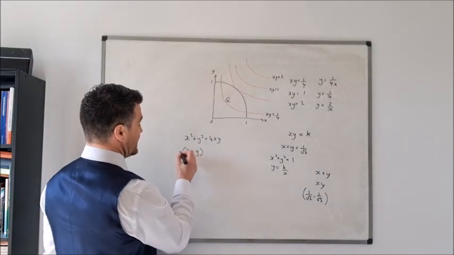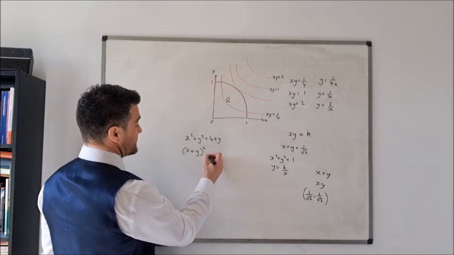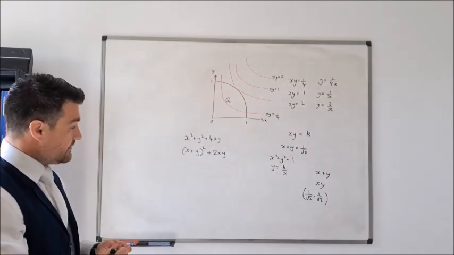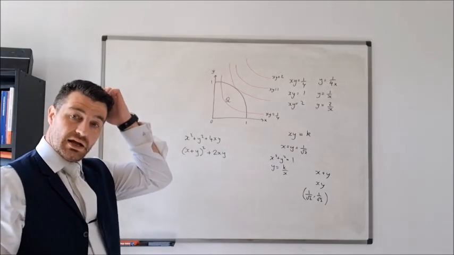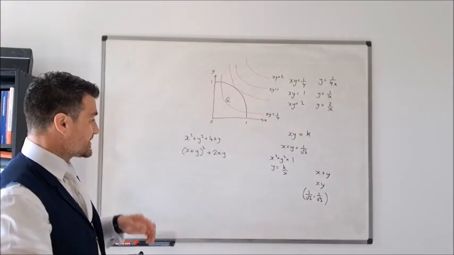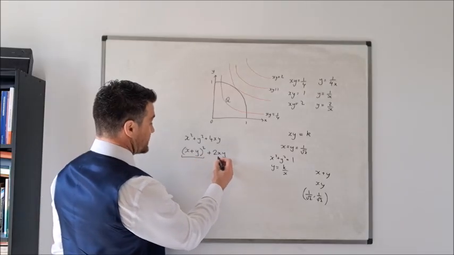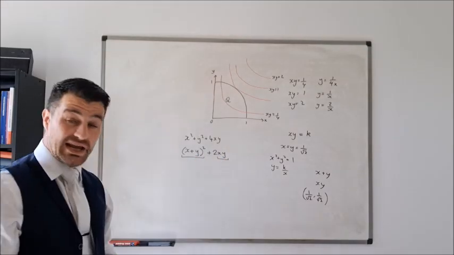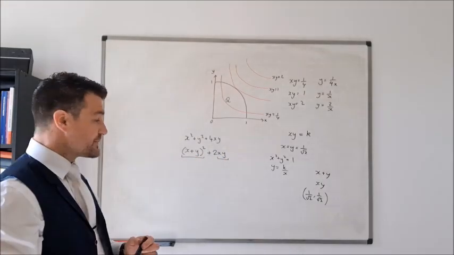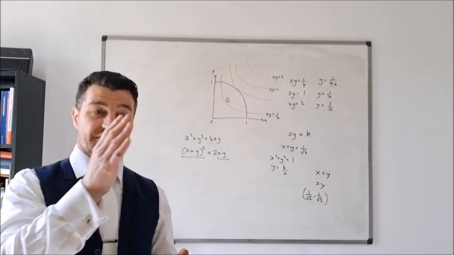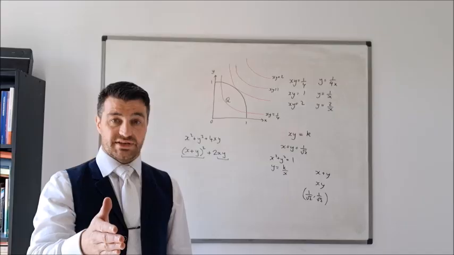So if I write this as x plus y squared plus 2xy, then one way that I can maximize this expression is by simultaneously maximizing x plus y and xy, which in this case is possible. Not in all cases. This is what I'm talking about. Specific cases, specific features.